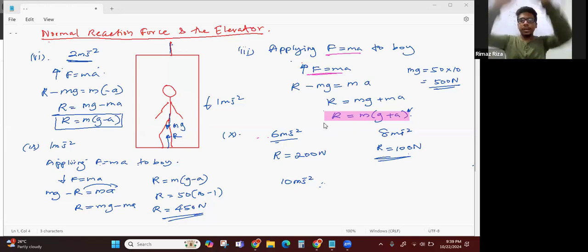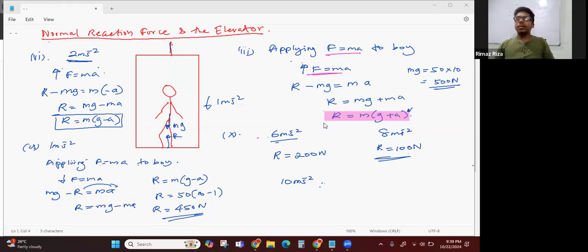For example, they have this lift, and it doesn't just drop. Little by little it accelerates, and the acceleration increases to 10 meters per second squared. When it reaches the value of gravitational acceleration, the person inside will feel like he is floating.